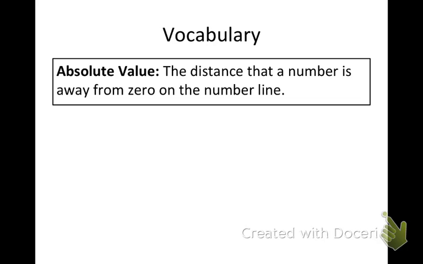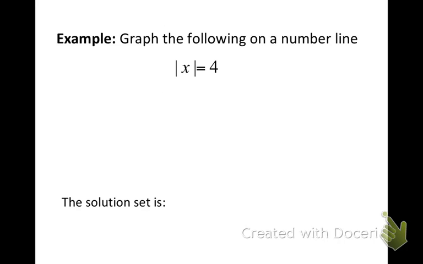Okay? So if you had something very basic such as the absolute value of x equals 4, well now let's think about this. What number has a distance of 4 units away from 0? Trevor? 4 and negative. Good. So 1, 2, 3, 4. 4 is 1, 2, 3, 4 units away.